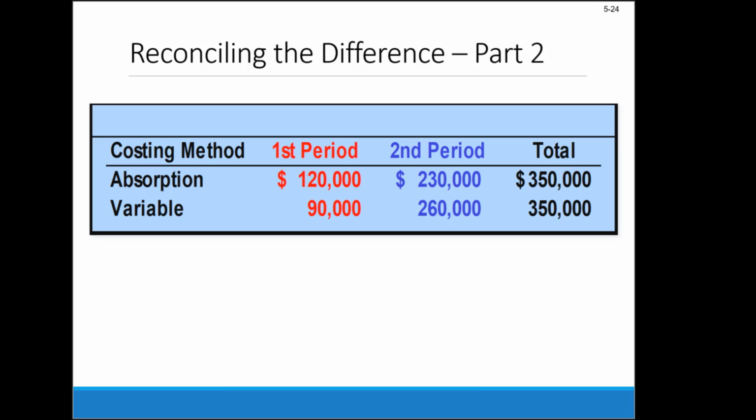So it really does boil down to timing. Under absorption costing, remember we had 120,000 income in period 1 versus 90,000 in variable costing. And then in period 2 was 230,000 under absorption costing versus the 260,000 under variable costing. So it's a matter of shifting income from one period to another, given those differences in production and sales levels.